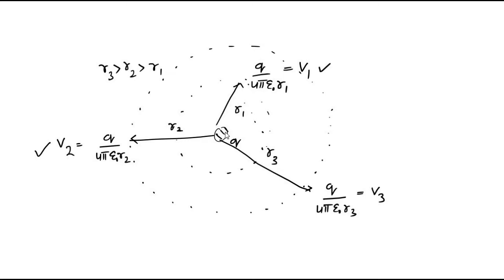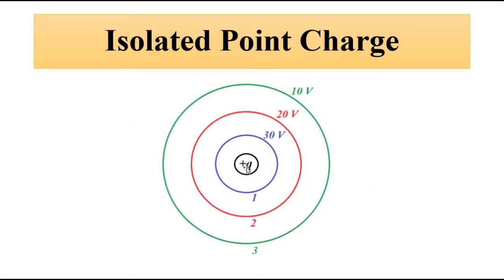So because of an isolated point charge, the equipotential surfaces will be concentric spheres of different radii, at different distances from the source charge.